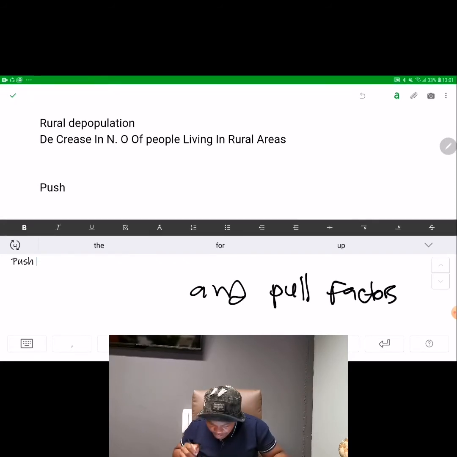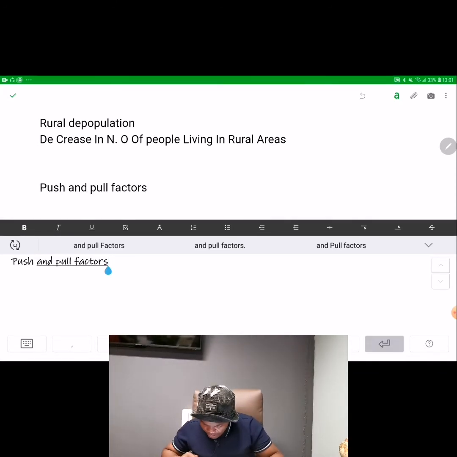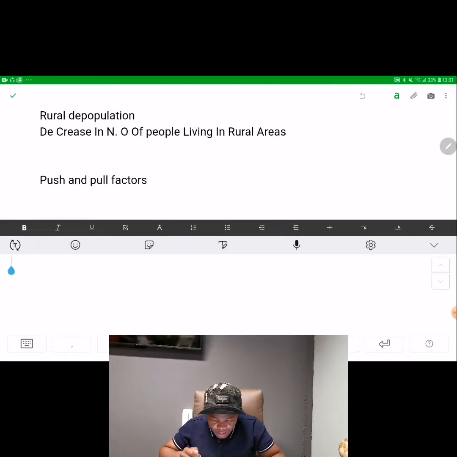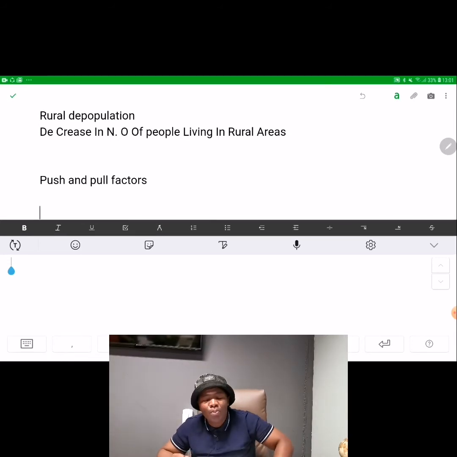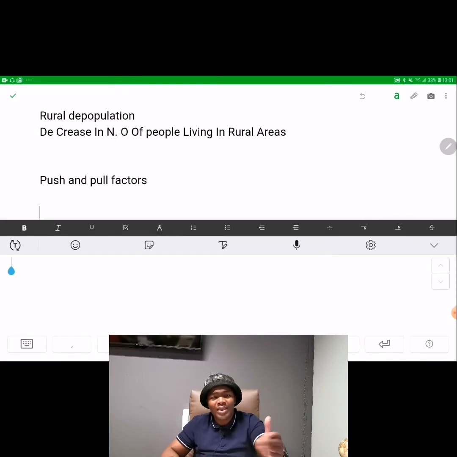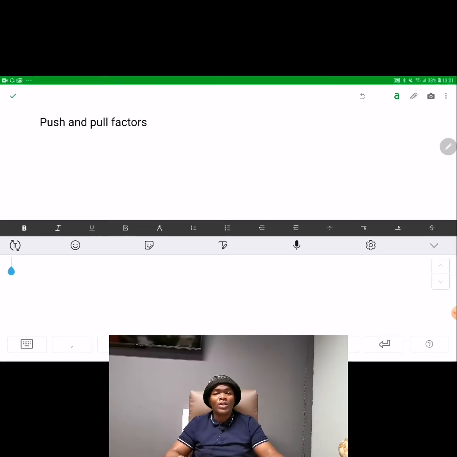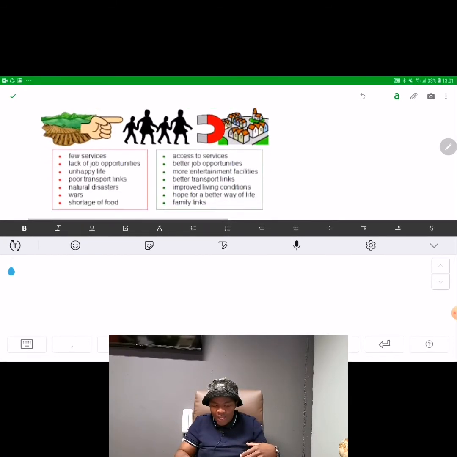When we are speaking about the push factors, we are speaking about the things that push people to move from the rural areas into the cities or urban areas. And the pull factors are the things that attract people from rural areas into the cities.